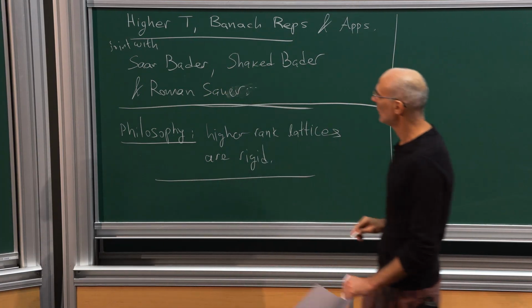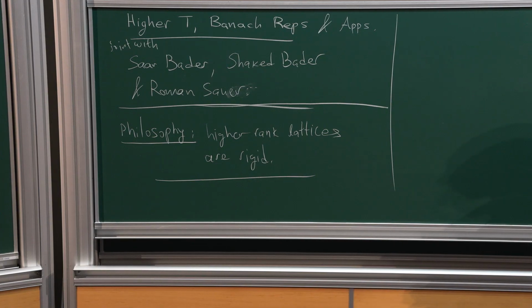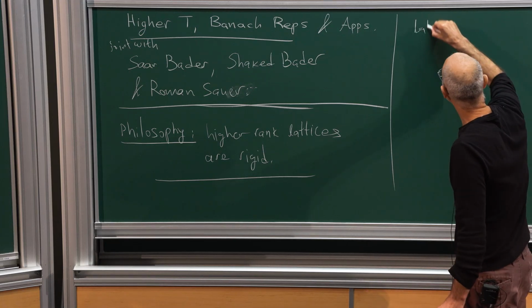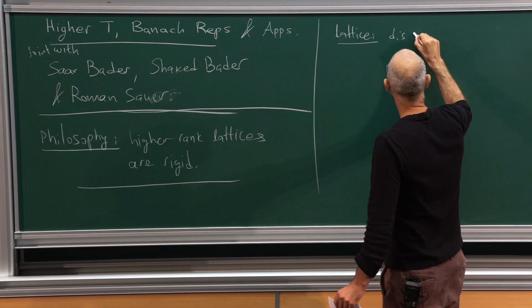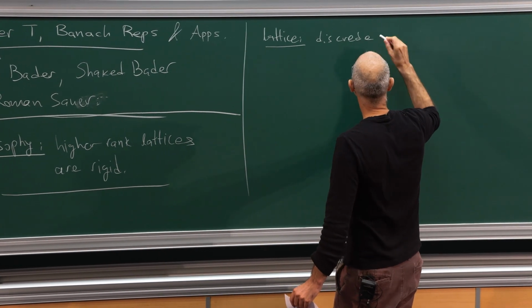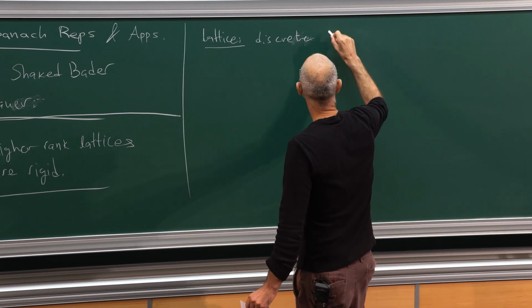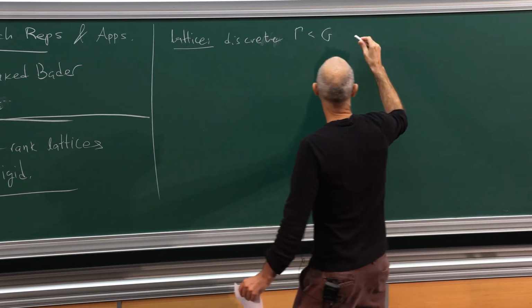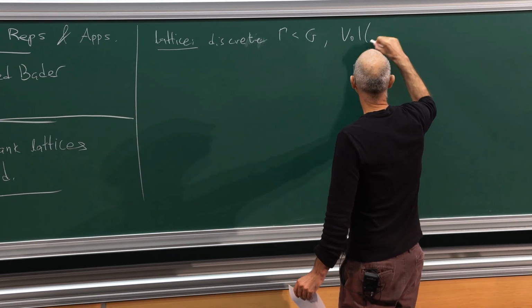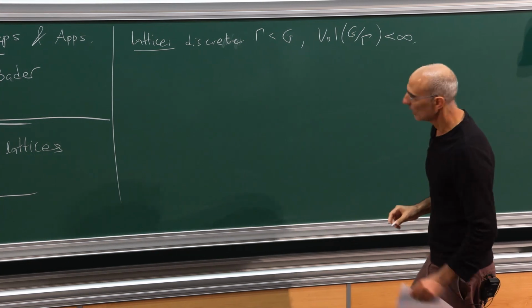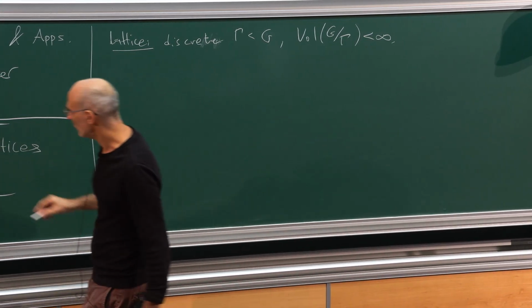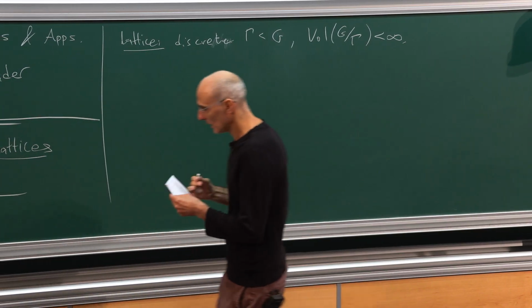This is behind my talk. So we've seen several times the definition of a lattice, but nonetheless I will repeat it. It is a discrete subgroup gamma in G of finite covolume.